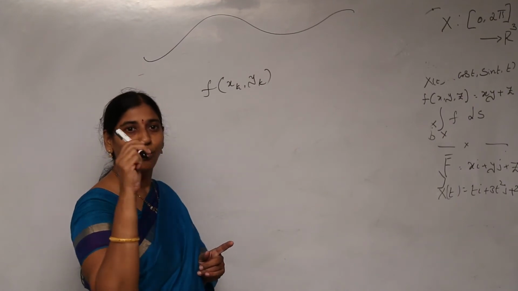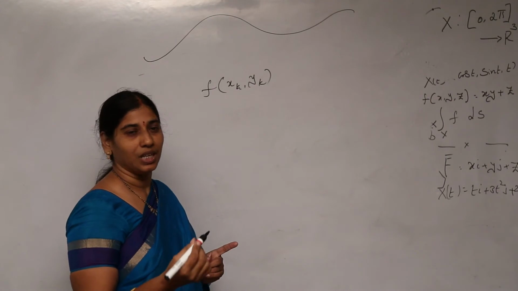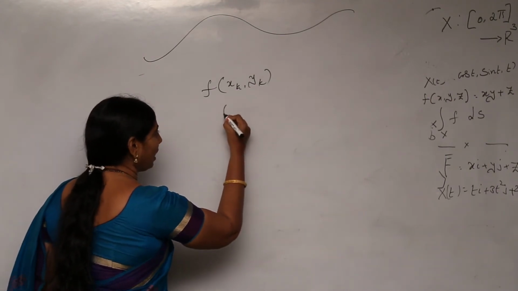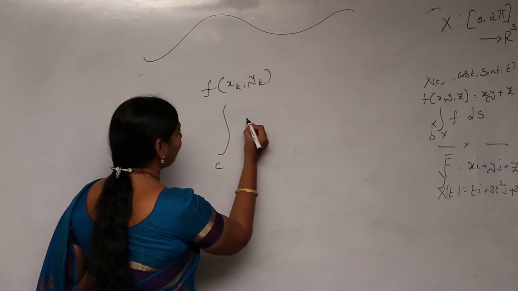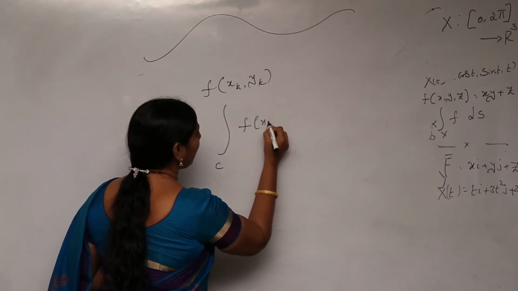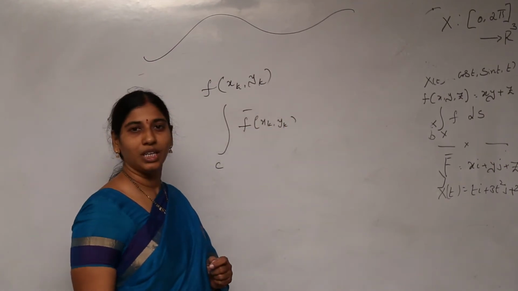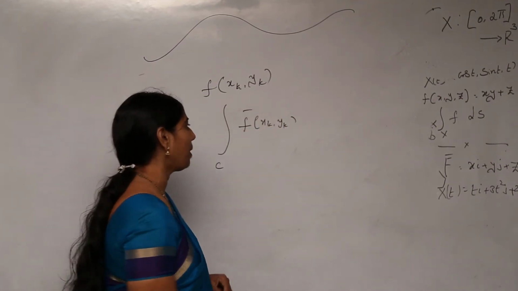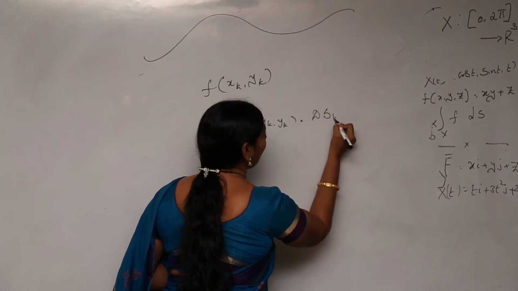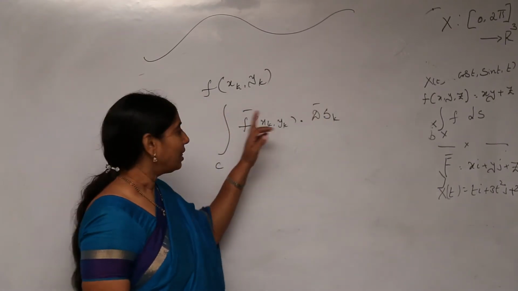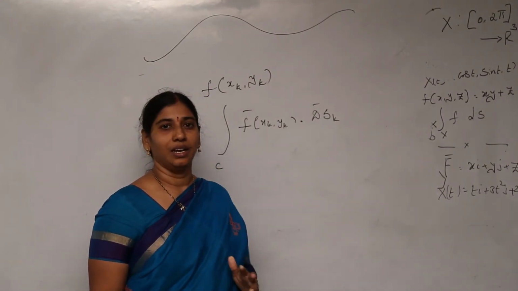Now it is no more a scalar, it is a vector. Then the integral along the curve C involves f of xk yk, a vector quantity, denoted f bar, dot delta sk bar, and that gives us the vector line integral.